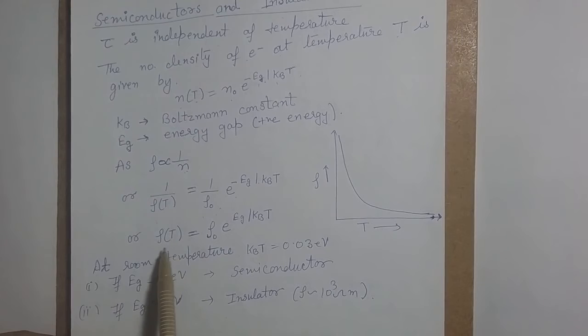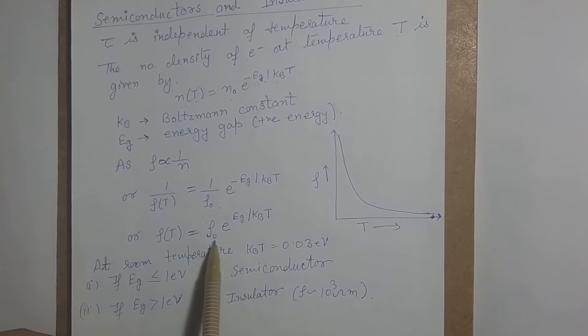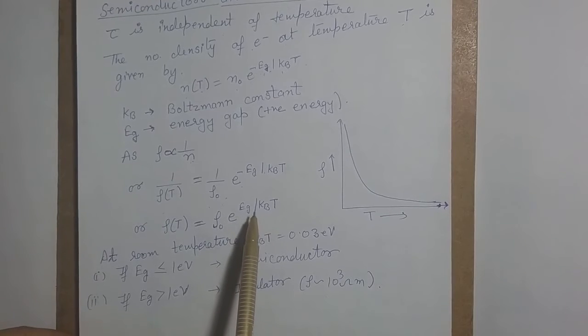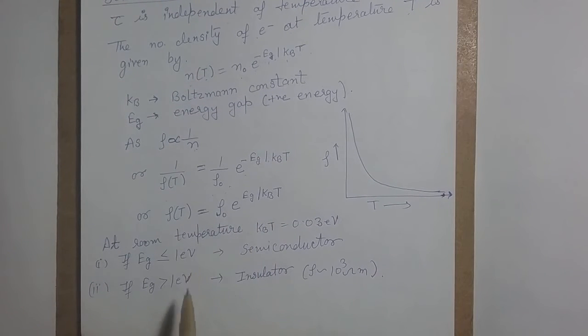We are concluding that resistivity is rho naught e raised to power Eg upon kBT. Now at room temperature, this kBT value is 0.03 electron volt. But for semiconductors, Eg is less than 1 electron volt, and for the insulator, this energy gap Eg is greater than 1 electron volt.